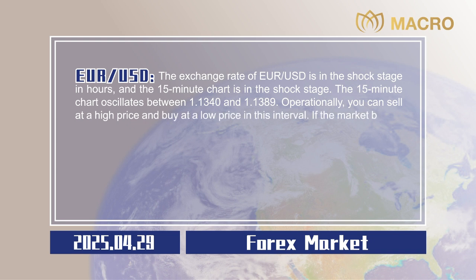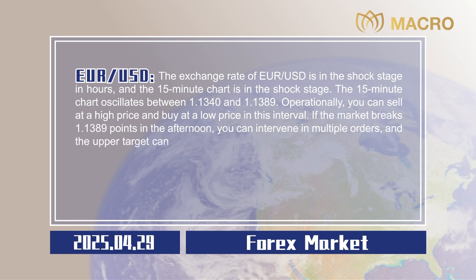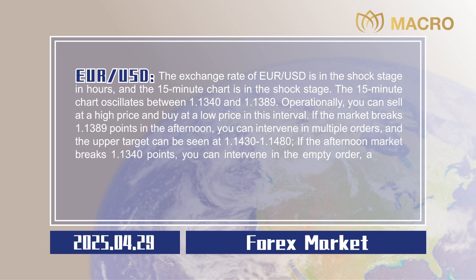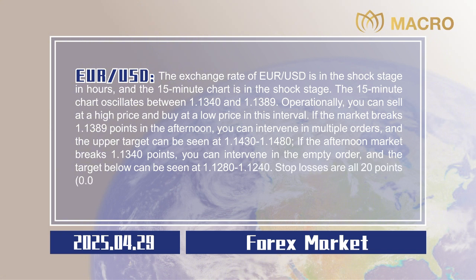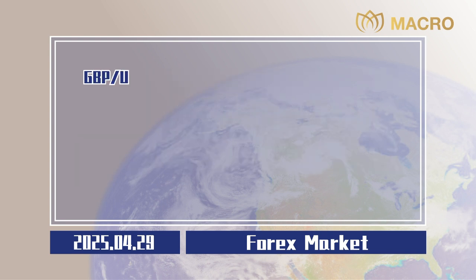If the market breaks 1.1395 in the afternoon, you can enter long orders, and the upper target can be seen at 1.1430 to 1.1480. If the afternoon market breaks 1.1374, you can enter short orders, and the lower target can be seen at 1.1320 to 1.1280. Stop losses are all 20 points, 0.0020.